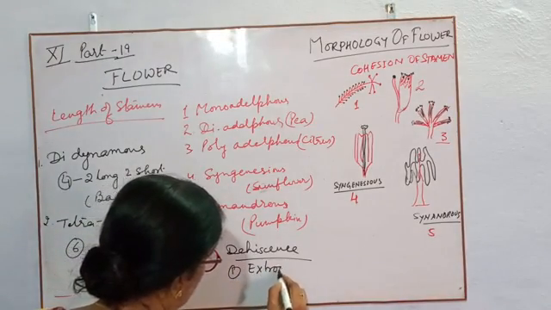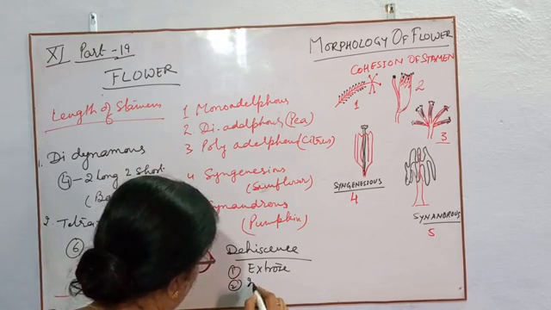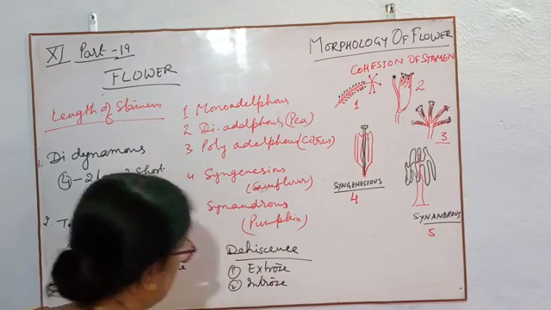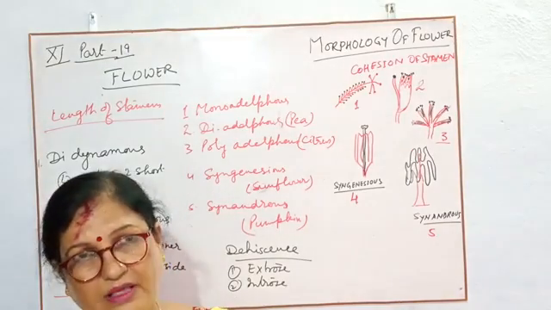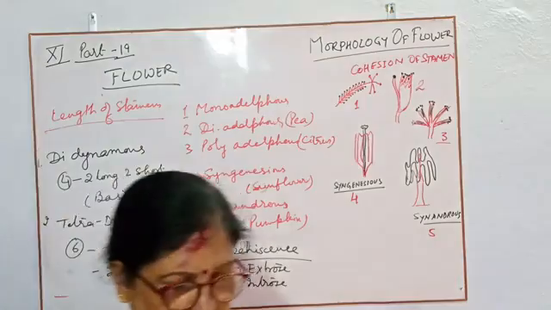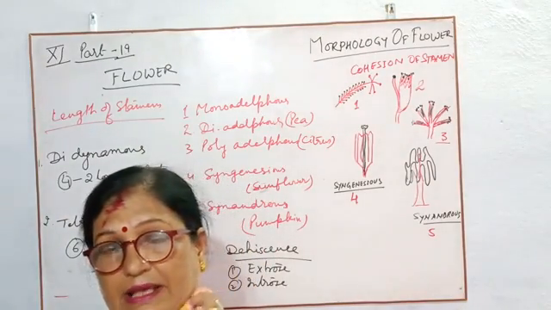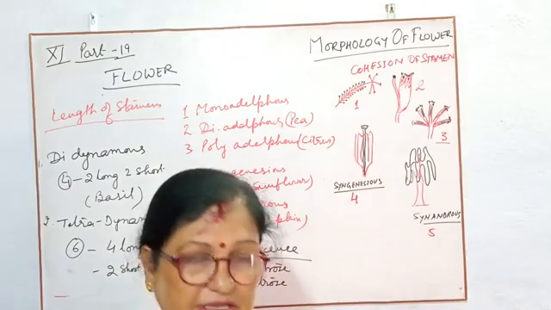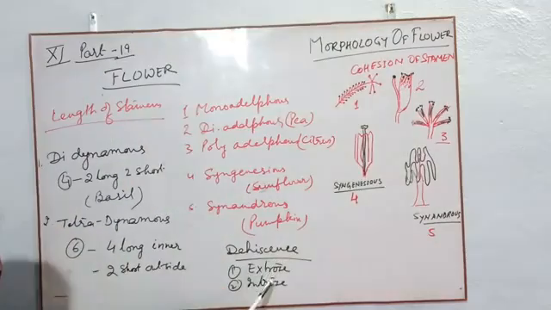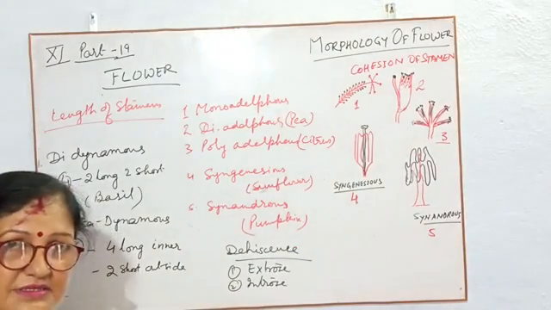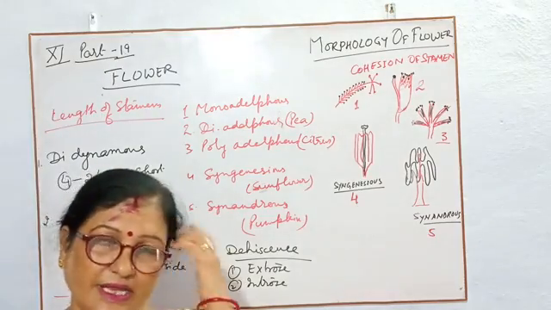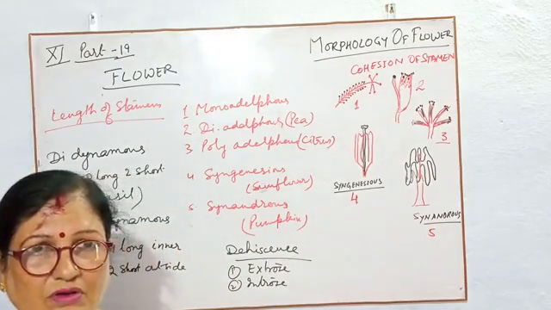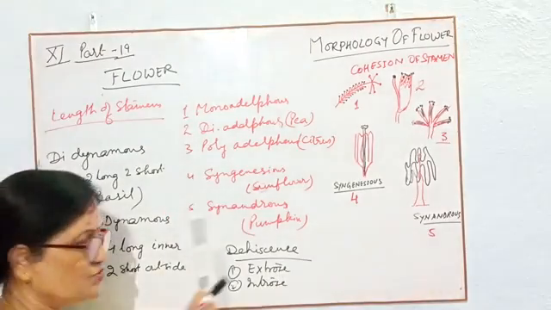One is extrorse and another one is introrse. Dehiscence means when anthers are ripened, after ripening they burst, and after bursting they release pollen grains. When the anthers burst towards the outside, these are known as extrorse anthers, or the type of dehiscence is extrorse.